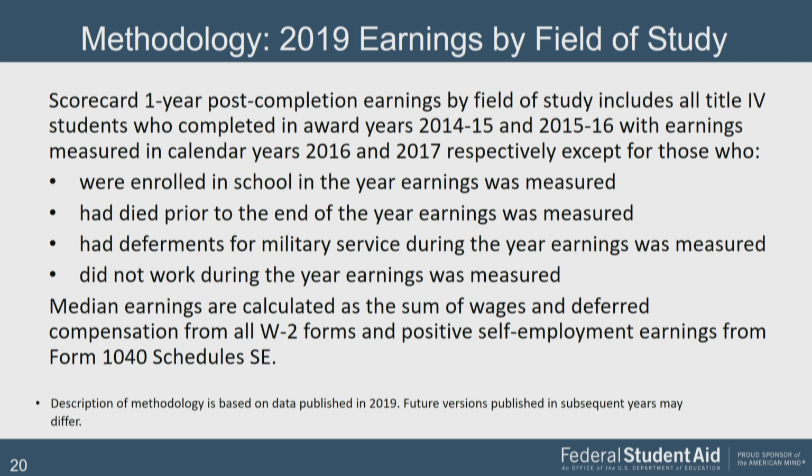If you had died, obviously we would remove you from the cohort. Military deferments in the earnings year, we would also remove you from the cohort. And the earnings are not based on those who did not work, so it's only for those who were working. Any $0 earners would not be included in the earnings measurement.